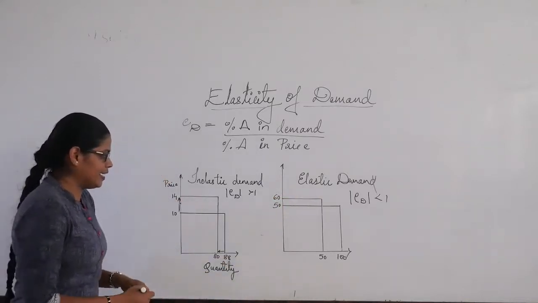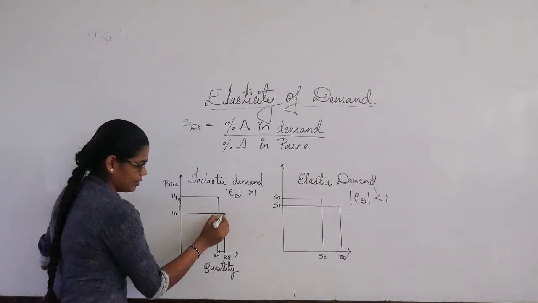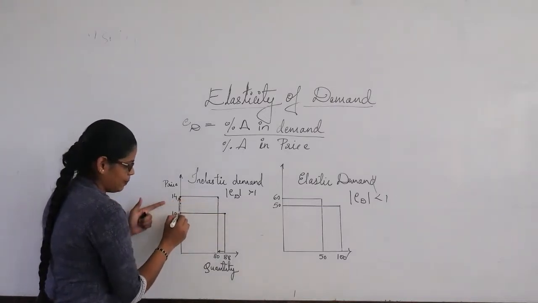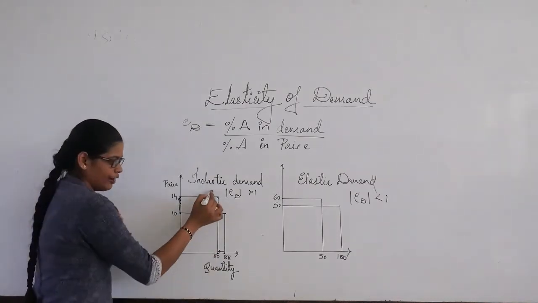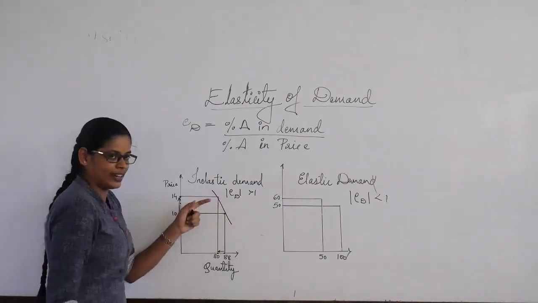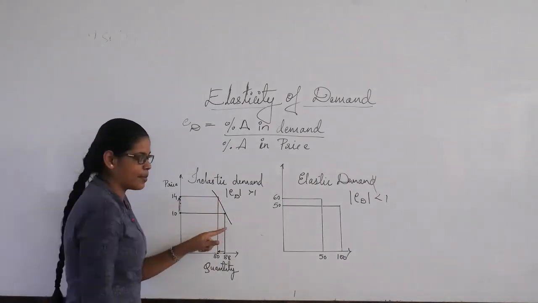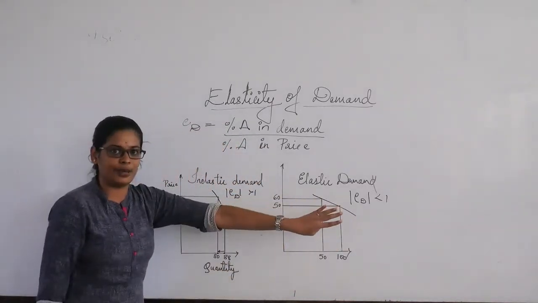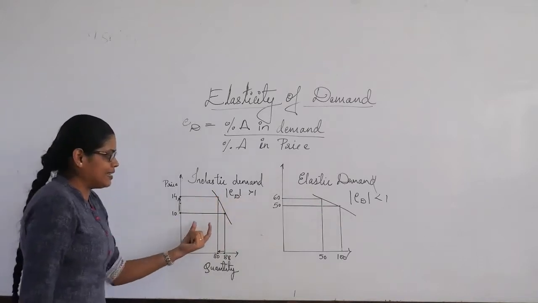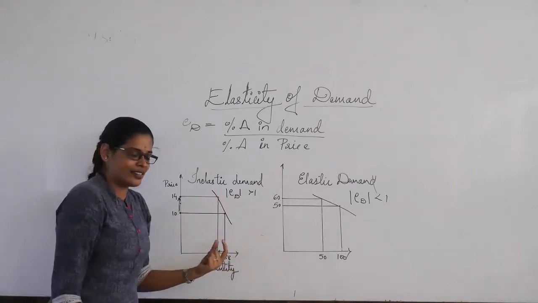You can see here that this is the price point and this is the quantity demanded for each price. If you draw a line here, this is the inelastic demand curve, and if you join these two points, then it is the elastic demand curve. By these two figures you can see the difference.